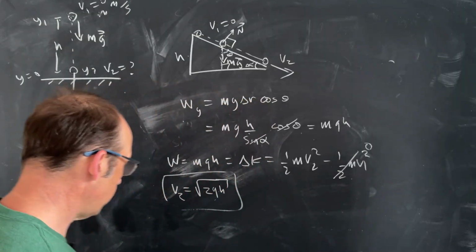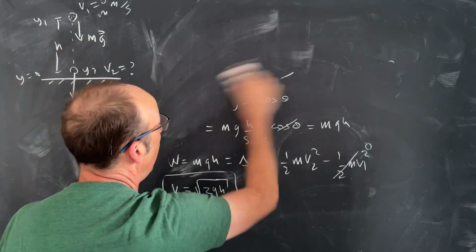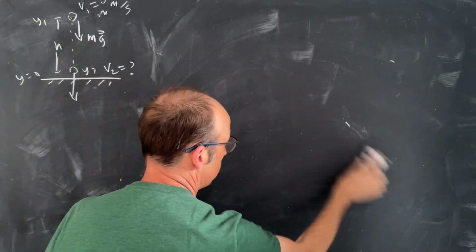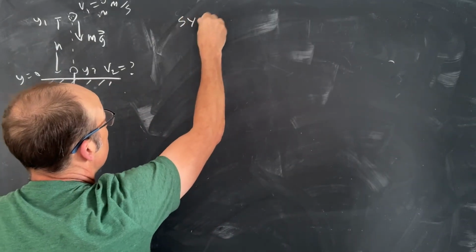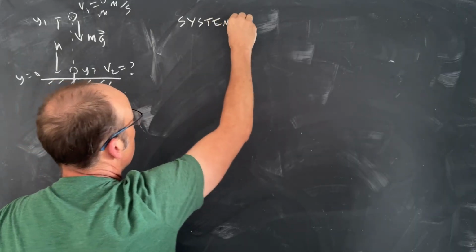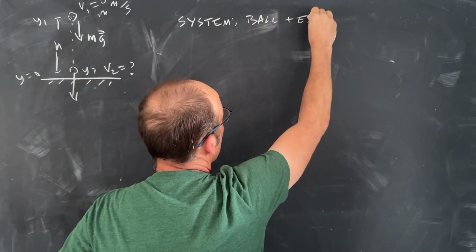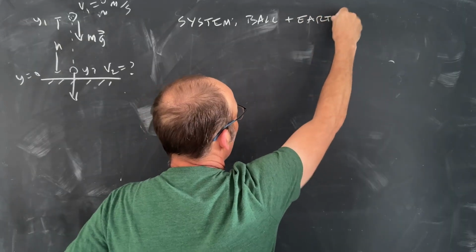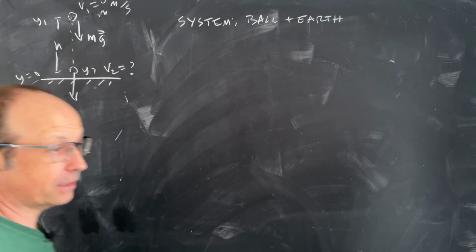Okay. Let's go back to the ball, and now let's pick a more complicated system. The ball plus the Earth. So this Earth over here is part of my system.